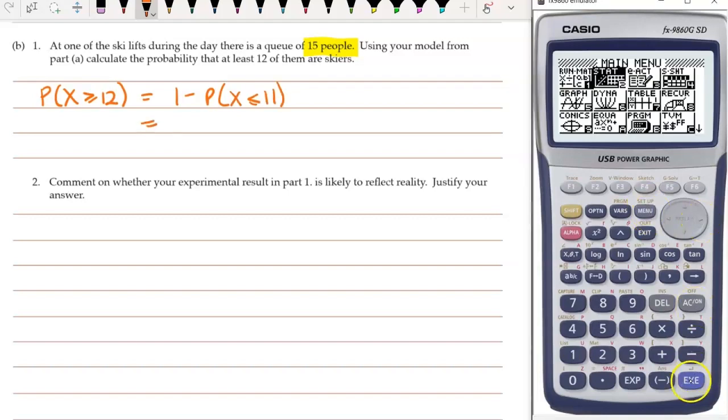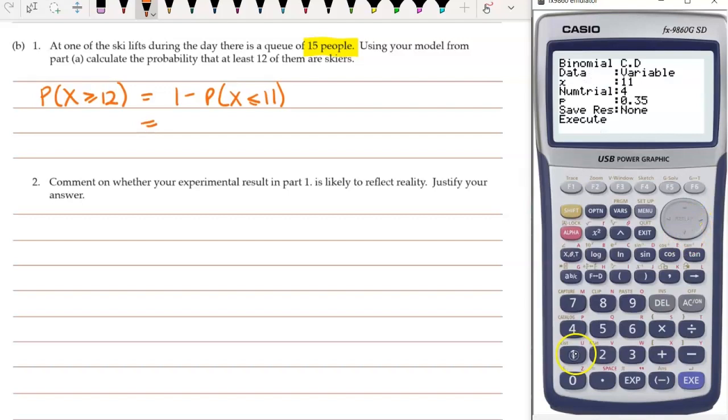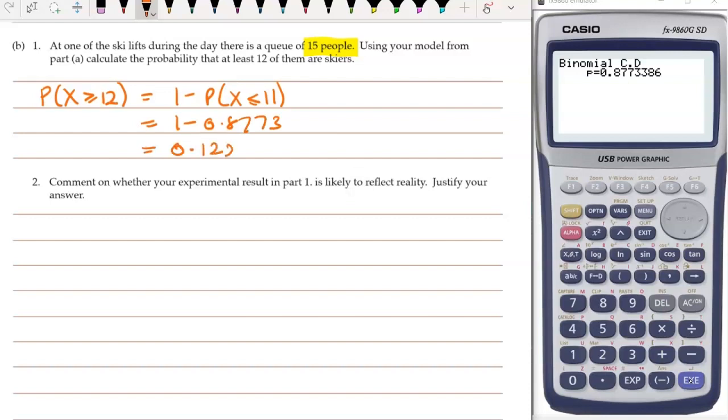So we've got stats menu, distributions, binomial, cumulative up to and including 11. The number of trials was 15, and our chance of success was 1,245 out of 2,000. So we have 1 minus 0.8773, which is 0.1227.